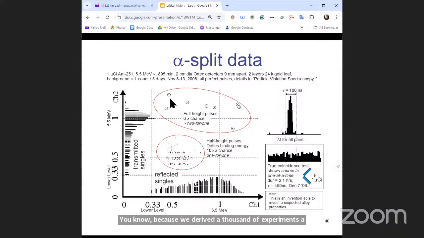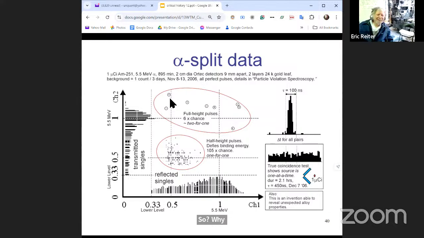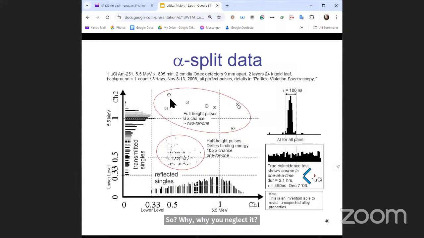Your computer is made because of quantum mechanics, yes? So why do you neglect it? Yes, because it works, because someone chose quantum mechanics and described this by quantum mechanics. So why is it so strange?